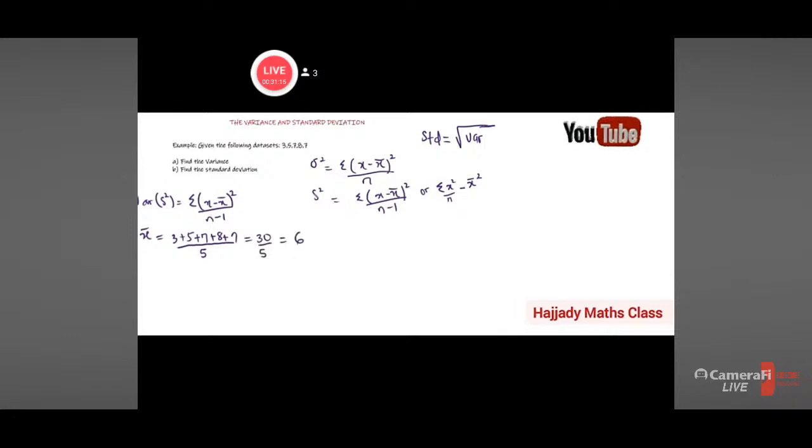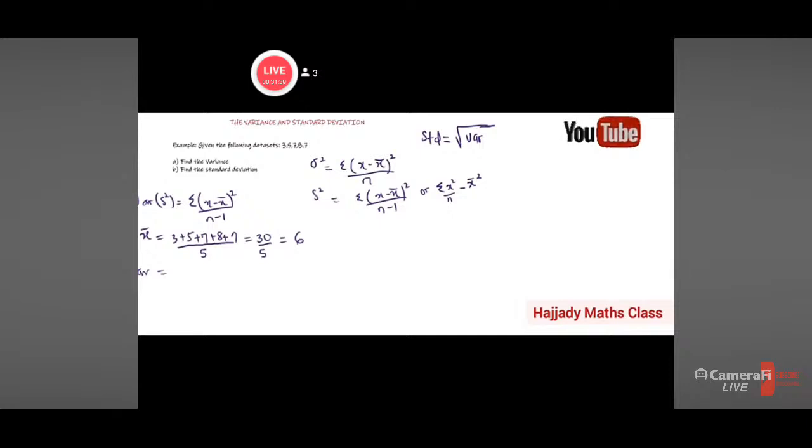So now, making use of the formula, the summation of x minus x bar, our variance will be equal to each observation minus the mean, squared.